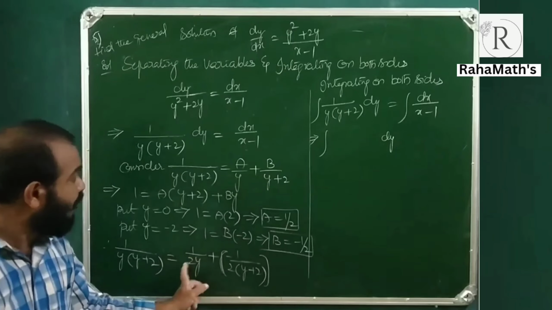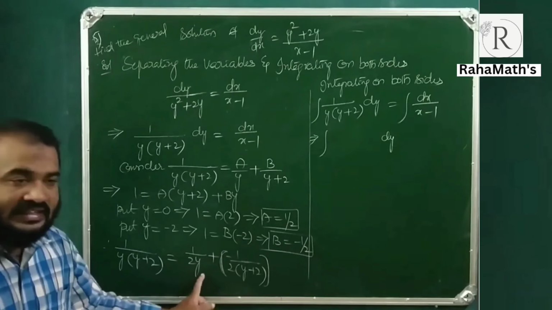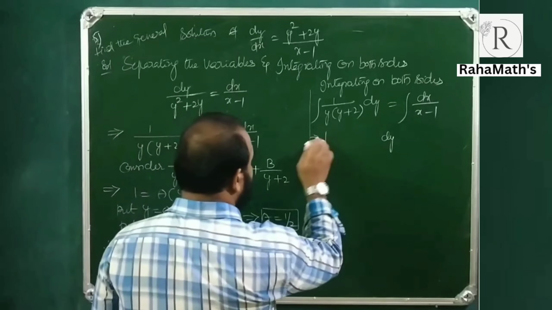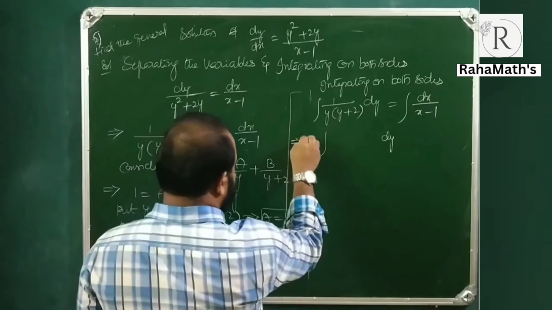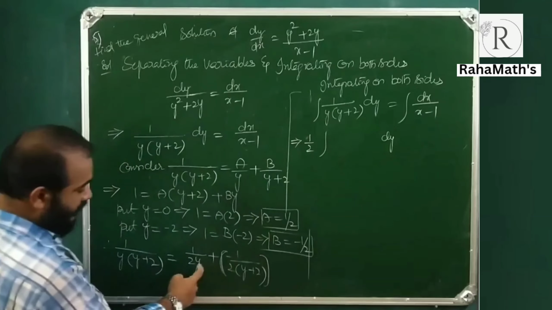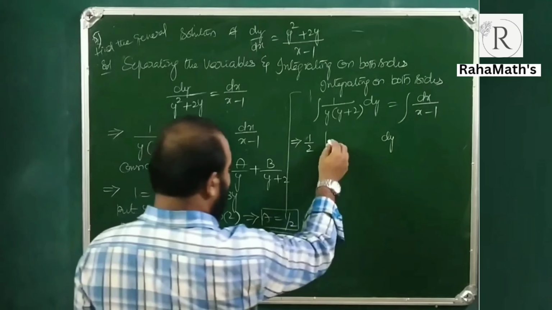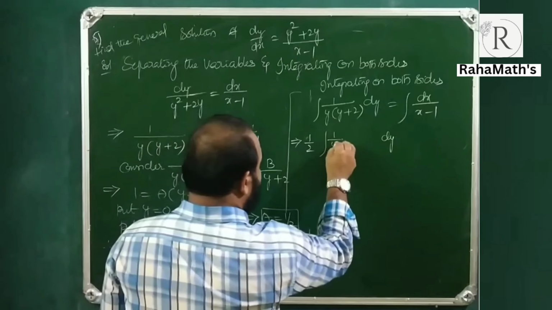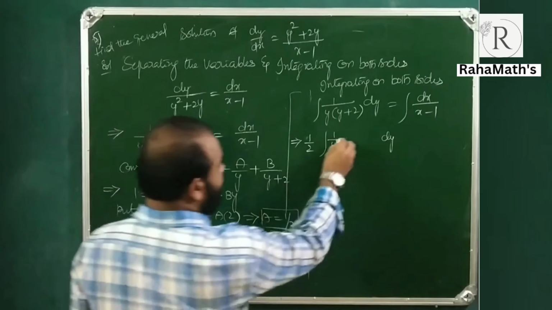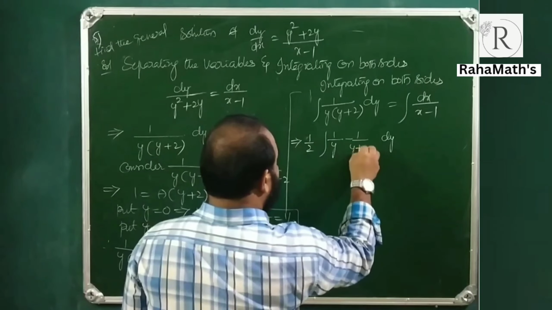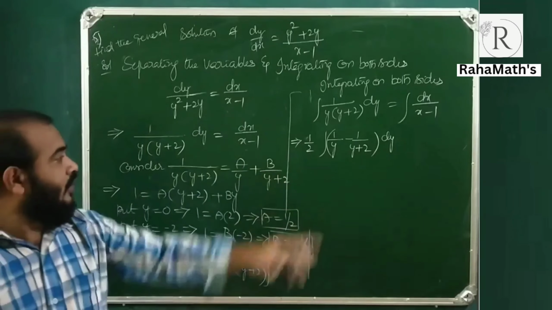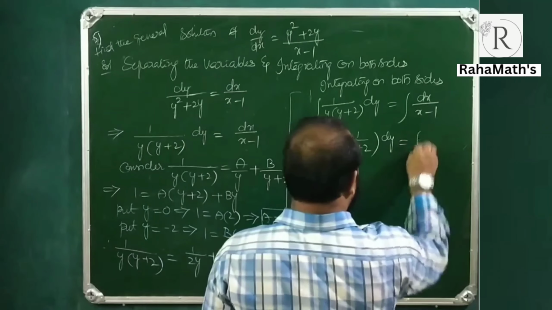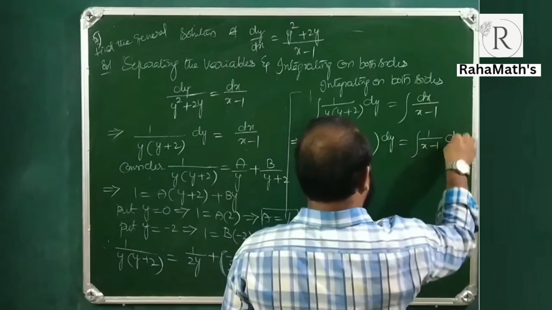In both terms, 1 by 2 is common, so let us take 1 by 2 aside. We will be left with 1 by y minus 1 by (y + 2), into dy, equal to 1 by (x − 1) dx.